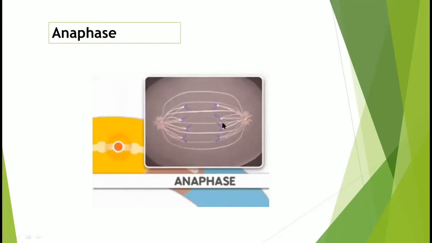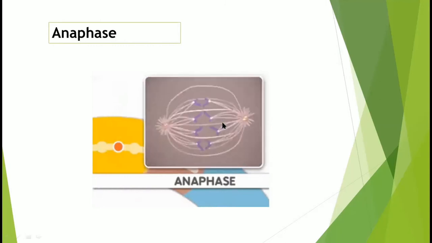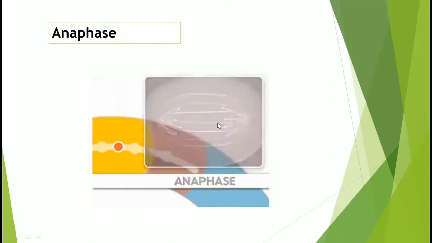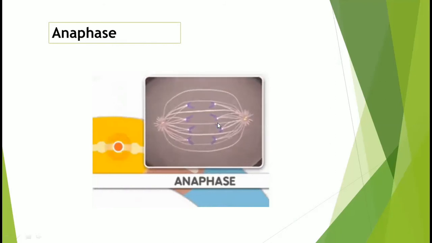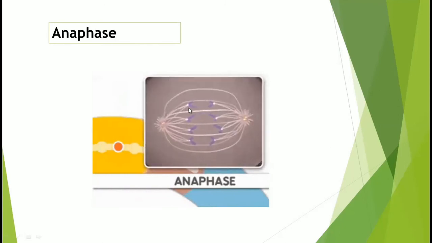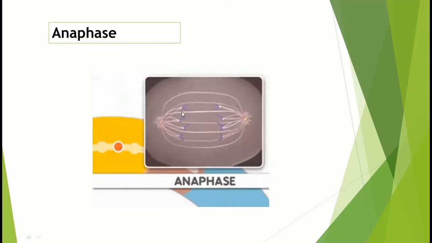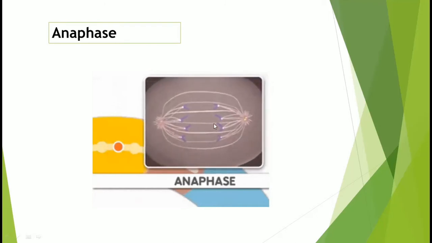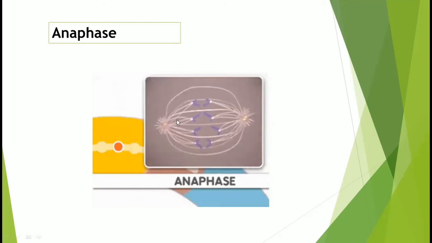The separated sister chromatids are called daughter chromatids, and as they are pulled they appear like a bunch of bananas. In this way, each set of chromatids reaches opposite poles of the cell. This is your anaphase.